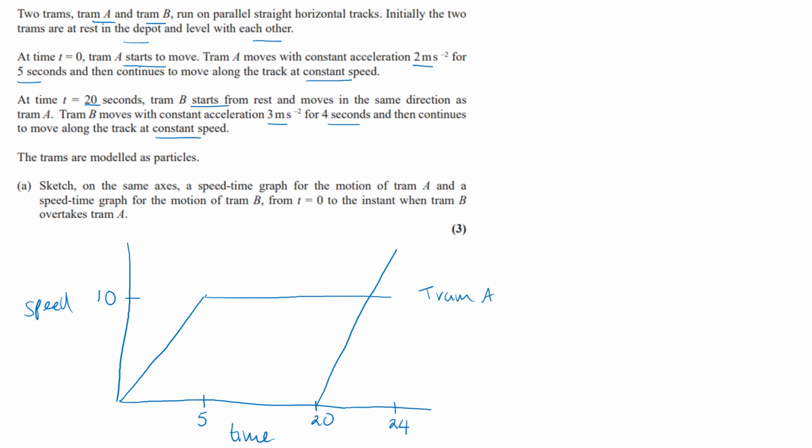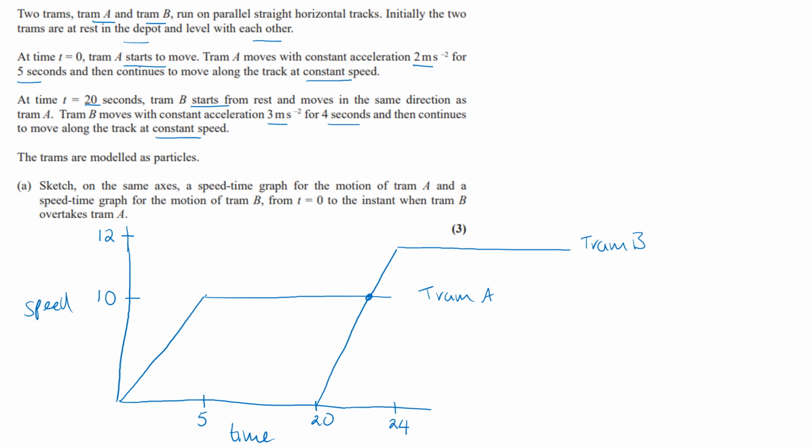So because we've got 4 along the bottom, what height will tram B go to on the y-axis? It's going to be 12, because 12 divided by 4 is 3, and tram B then moves at a constant speed.